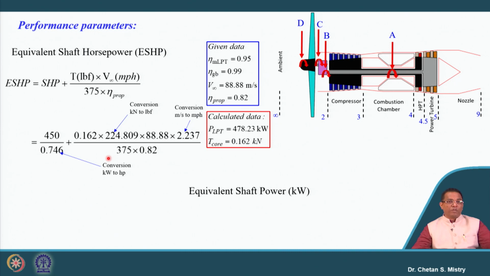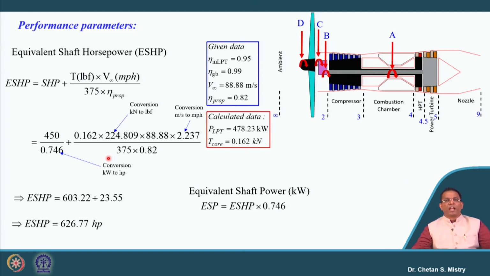These are all conversion factors, and if we calculate, my equivalent shaft horsepower is given by 626.77 HP. Many times people put that in terms of kilowatt also, which is multiplying that with 0.746, and that is coming to be 467.57 kilowatt. Okay.